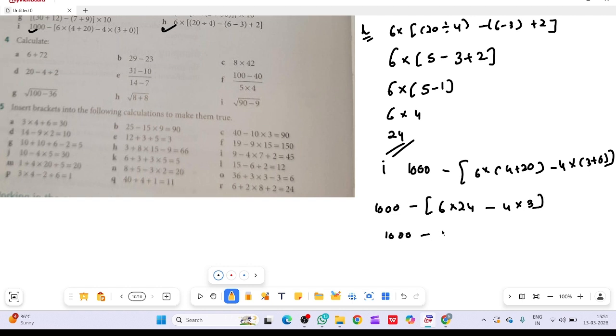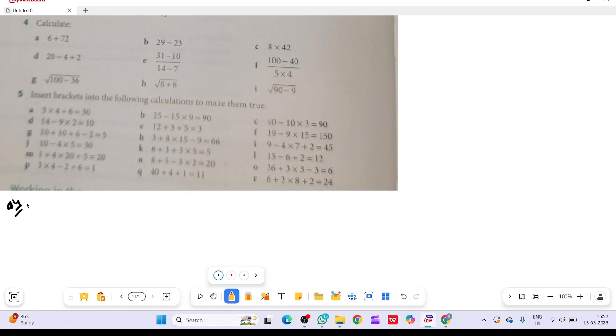So it's 1000 minus 24, 6 into 4, what is it, 24, 12 and 2, it's 14 minus, what will this be, 12. So 1000 minus 12 is 132, and this is nothing but 8. 9 minus 3 is 6, 9 minus 1 is 8. So the answer is 868.